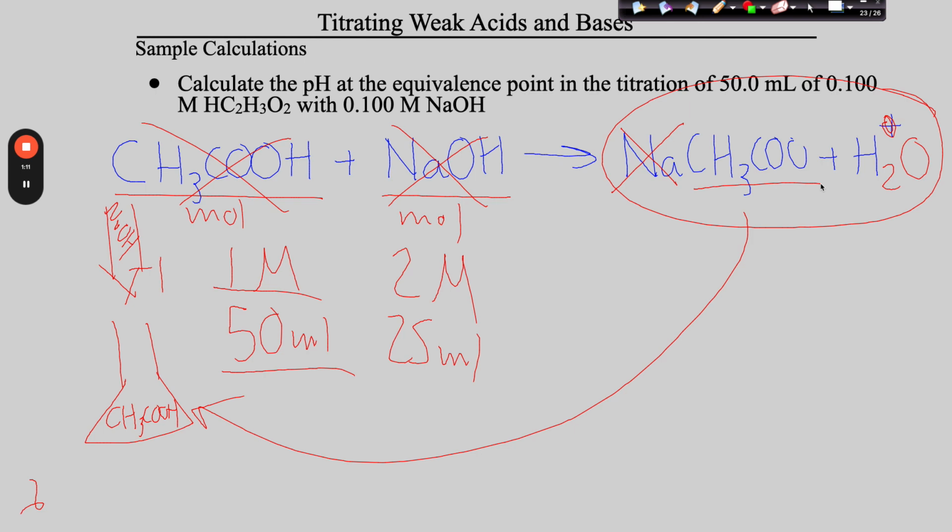Because that's the thing that we icebox. We icebox the acetate ion messing around with the water. Now, guys, understand, it's not just the water that gets produced by the neutralization. It's also the water that these things are already dissolved in, right?